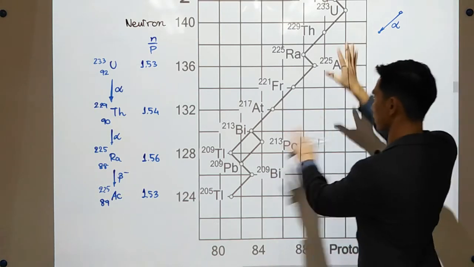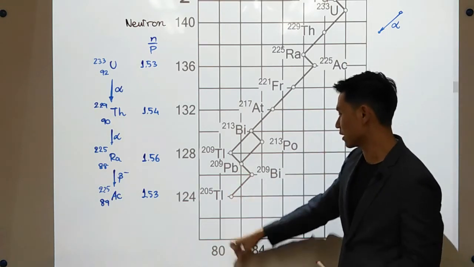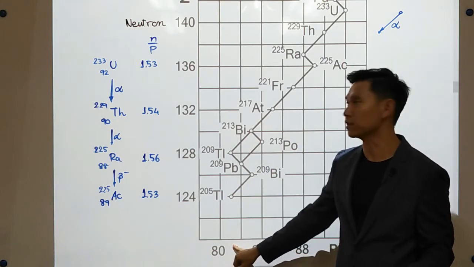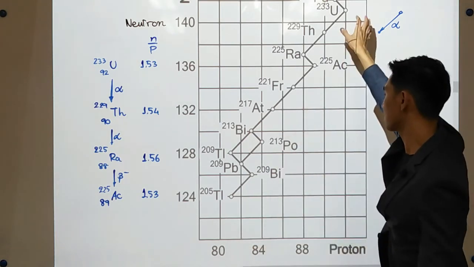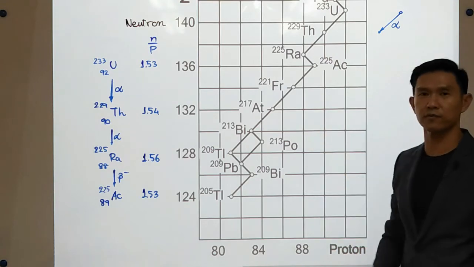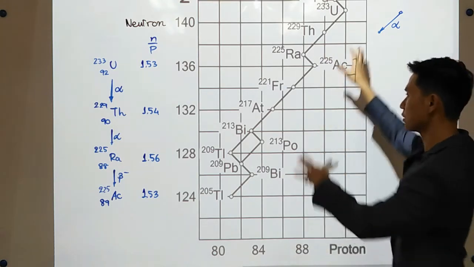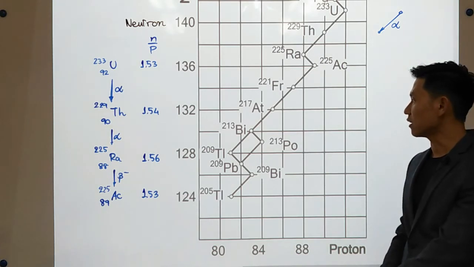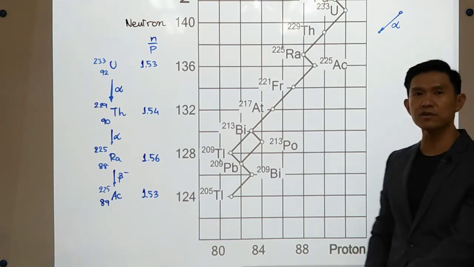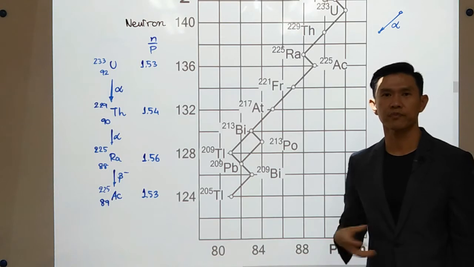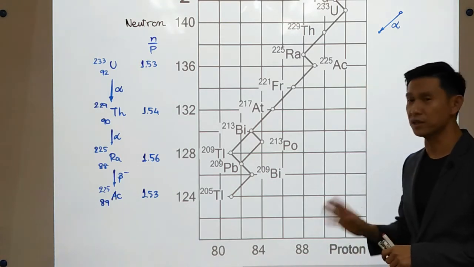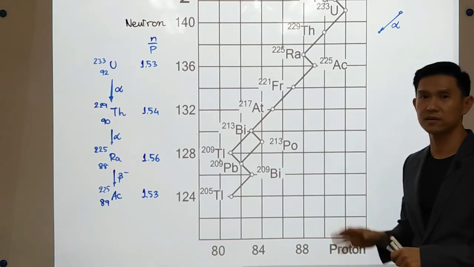Things go on until you have something less than 82, and that's it. Stop the radiation. So the decay of a radioactive element comes in series like this. I will give you one more example for you to finish, and then we'll end this topic.